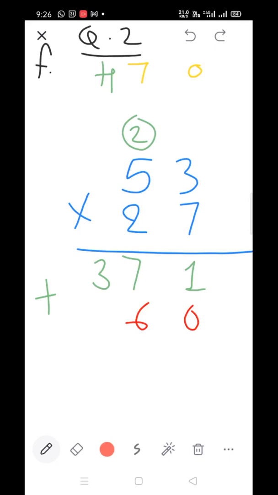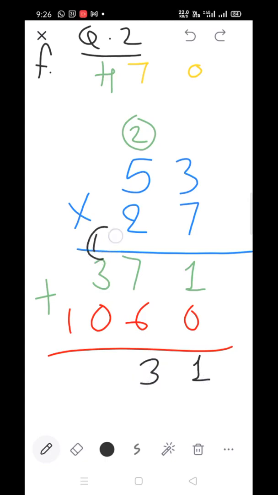Then last multiplication, 2 with 5, 2 fives are 10. 1 plus 0 is 1, 7 plus 6 is 13, 1 carry, 3 plus 1 is 4, 4 plus 0 is 4. Here is nothing, so you can count 0, 1 plus 0 is 1.